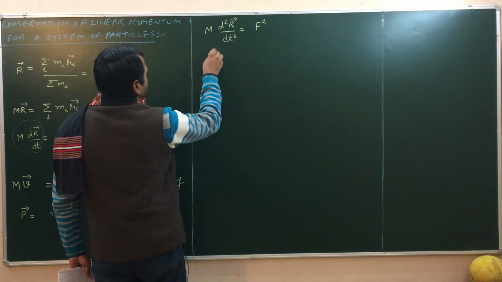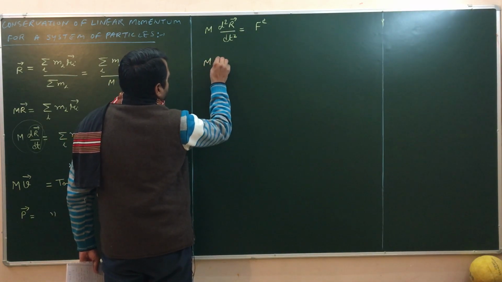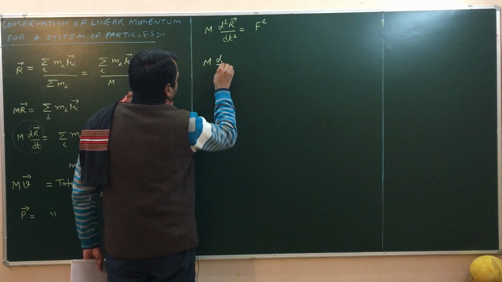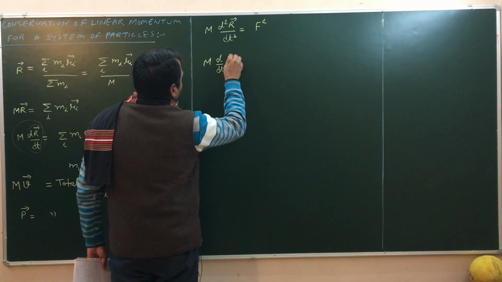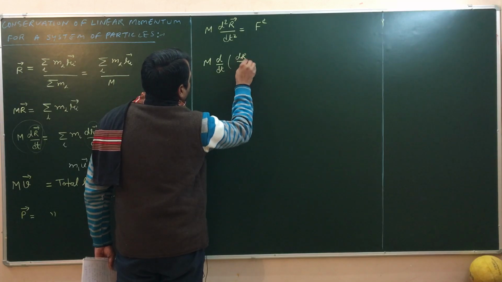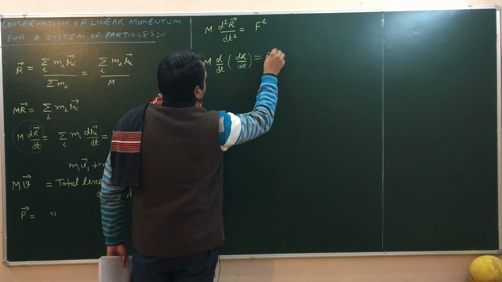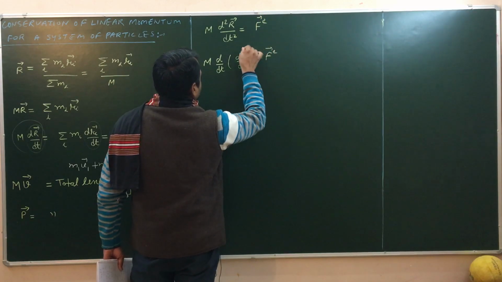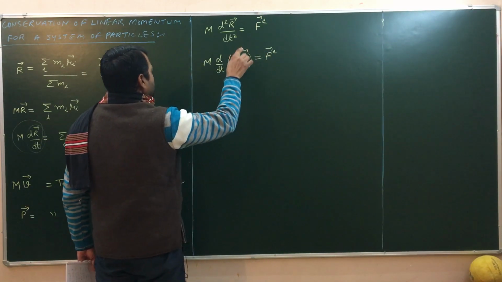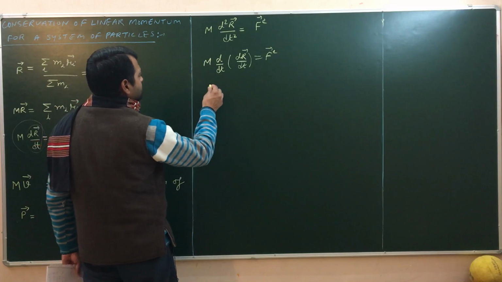Dear student, we can write it as m d by dt into dr by dt equals the external force vector, and we define this quantity as the velocity of the center of mass.